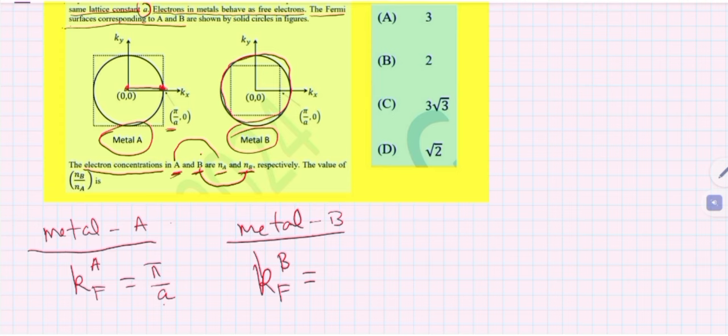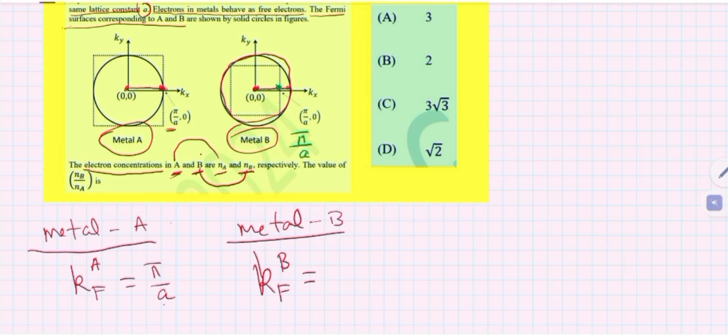So radius. So basically for metal B, this is the origin surface, the sphere origin, and goes in this way, and it ends here. However, the Brillouin zone boundaries ends at this point. So this is the point where we have values of pi by A, right?